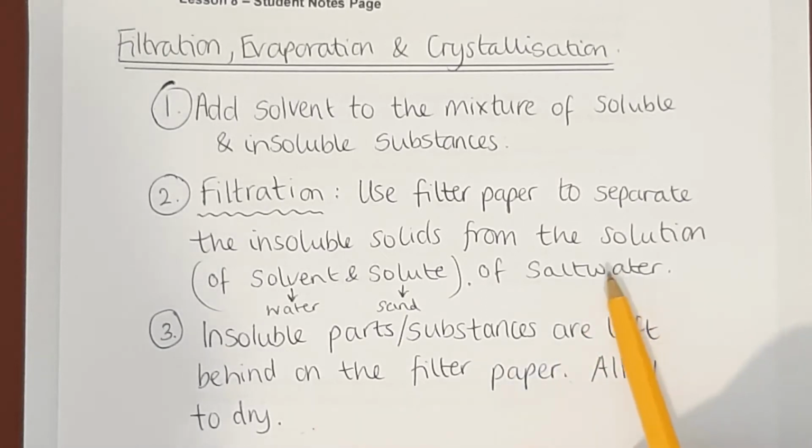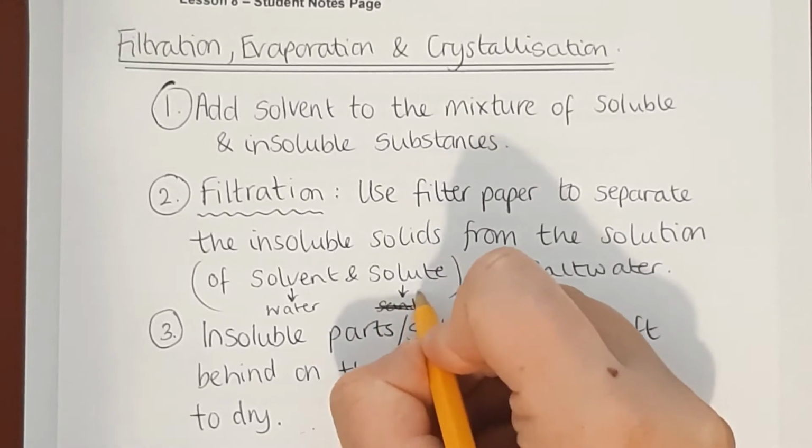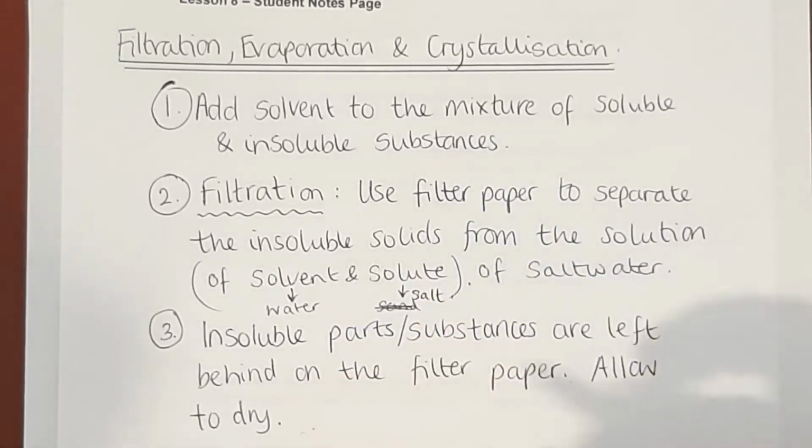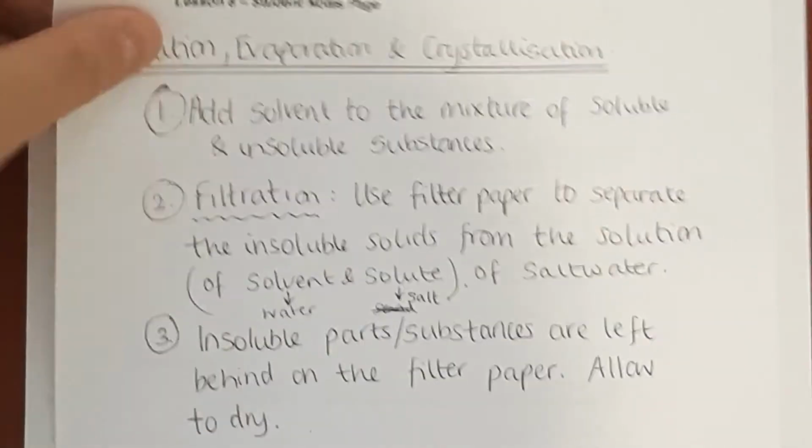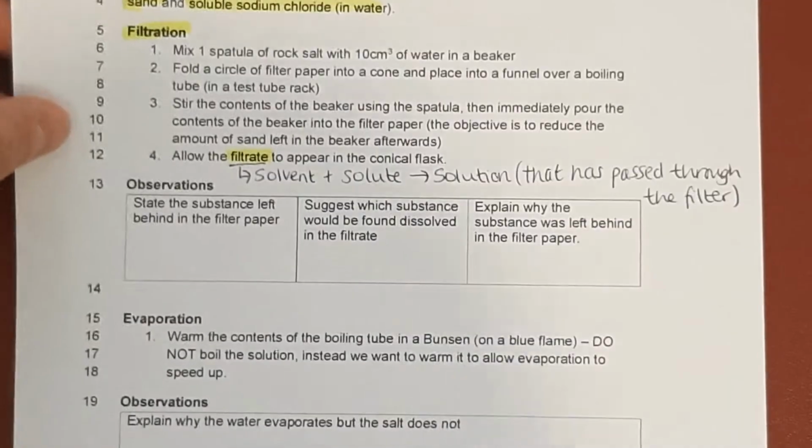And we also have a solution of water and salt, not sand. So we have a solution of water and salt, which is the salt water, which is separate to our insoluble sand.